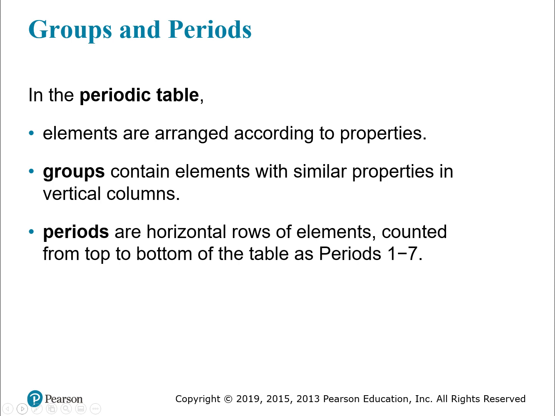There are groups and there are periods. The groups contain elements with similar properties in vertical columns. Remember that vertical, that means up and down. Periods are the horizontal rows of elements, and you count them from the top of the table to the bottom of the table, 1 through 7.